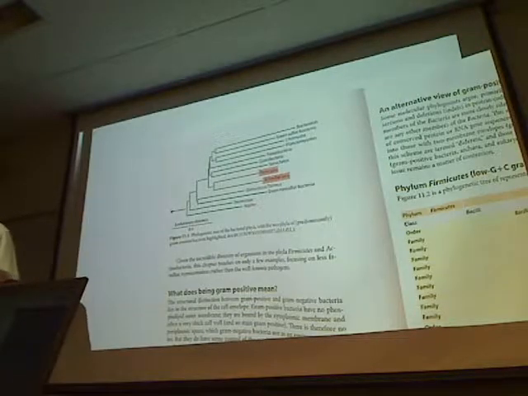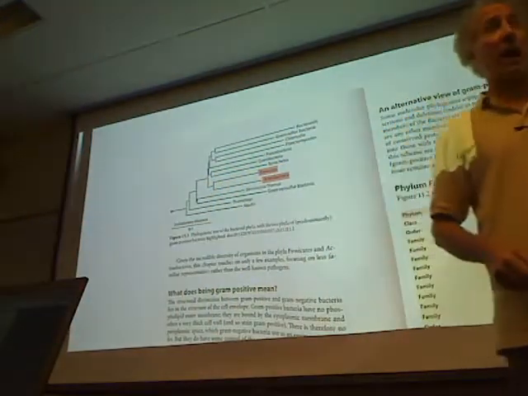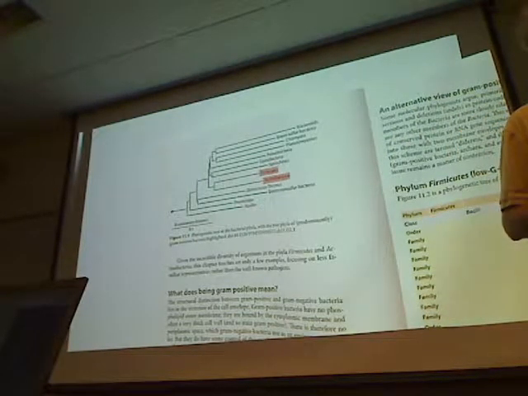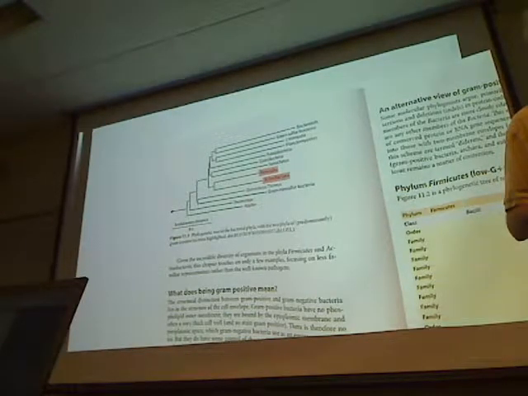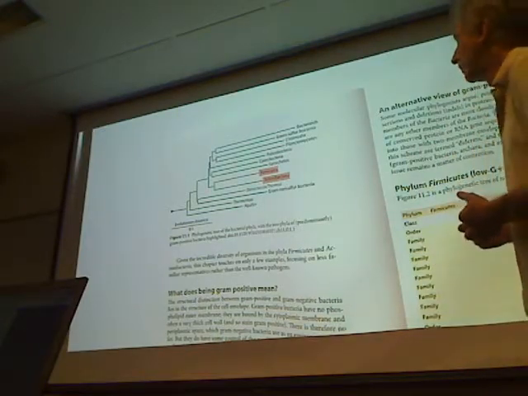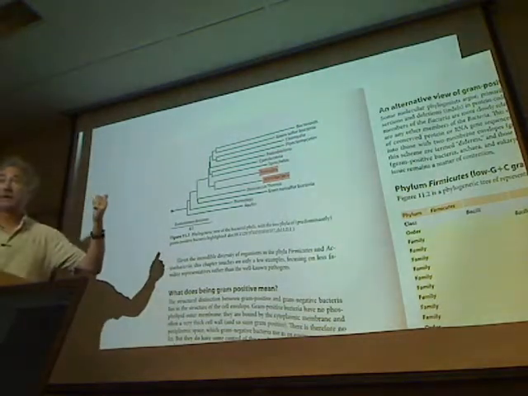This is false. A mycolic acid membrane is a lipid bilayer, and in many ways is no different than the outer membrane of other bacteria. It's just that it's not made of lipopolysaccharide. It's made of mycolic acid instead. And so that's the second meaning of gram-positive.